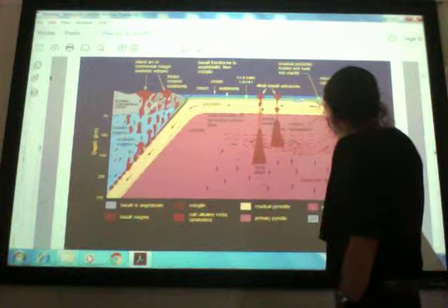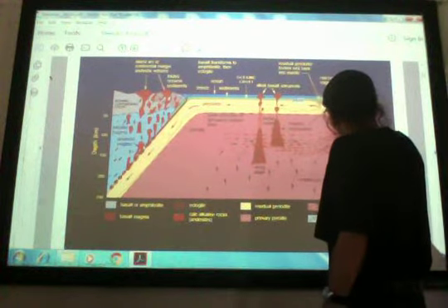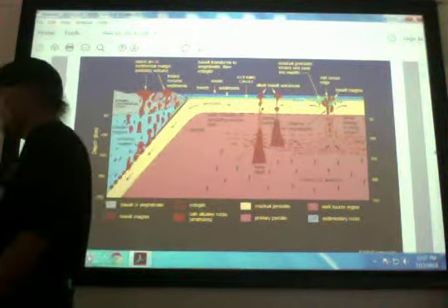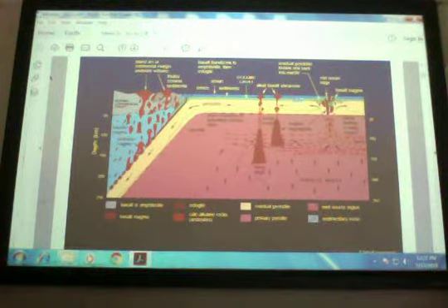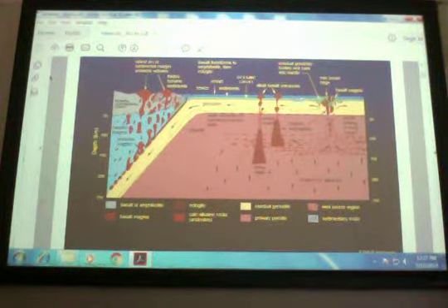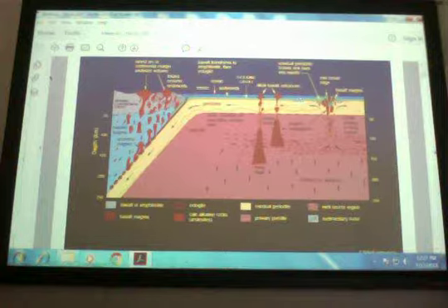Here we have a rising melt, and this melt is of basaltic composition. You are forming a residual material inside, and this residual is then all these peridotites.